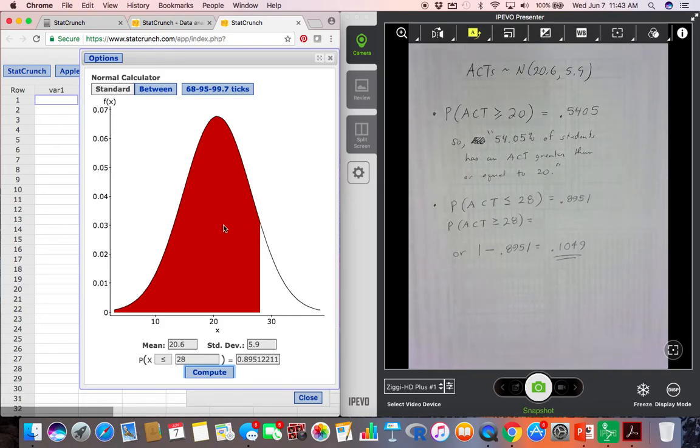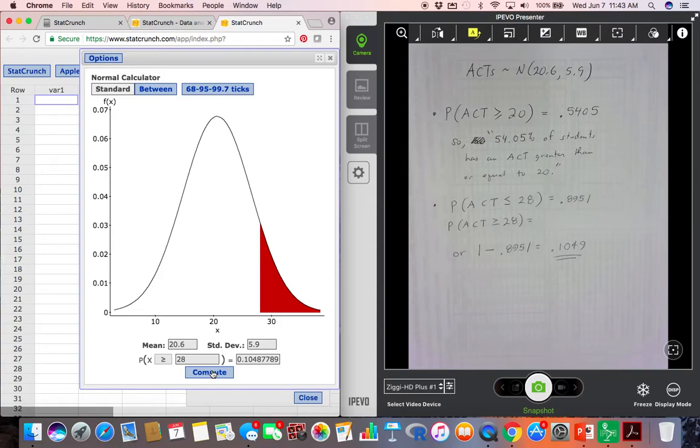Or you might say, I don't like that. Okay, well, just change this, compute, and you get 0.1049, rounded to 4 places.